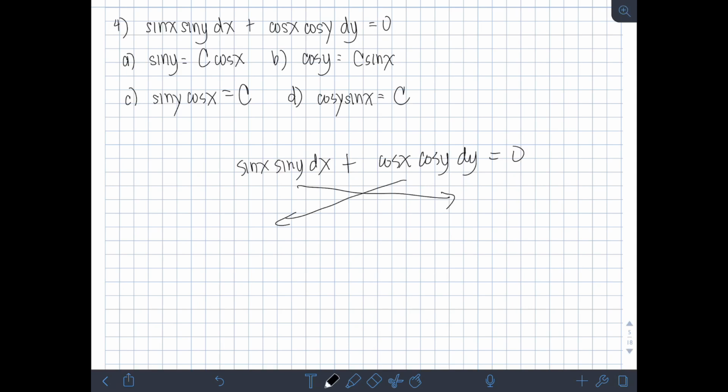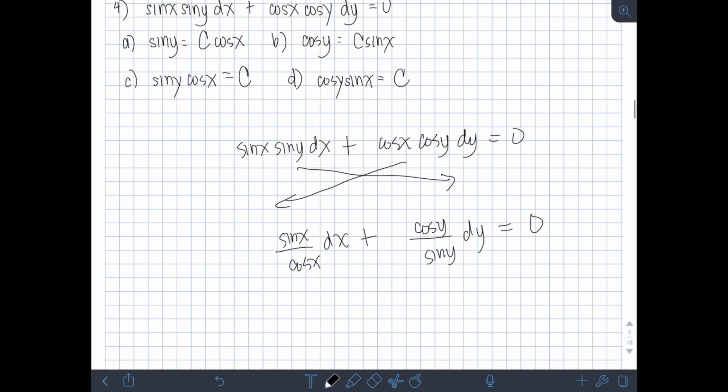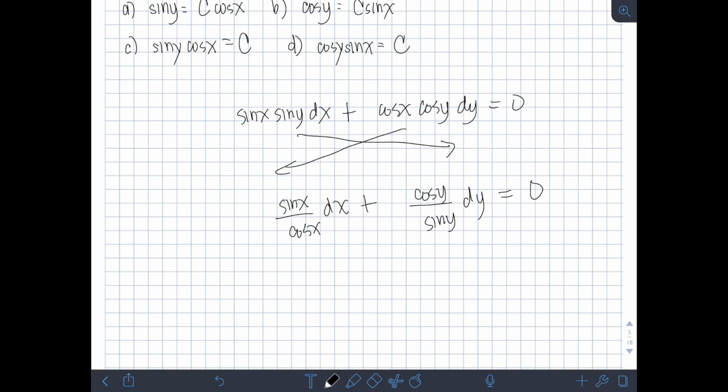So, magiging sin x over cos x dx plus cos y over sin y dy equals 0. Or simply, sin x over cos x is tan x, right? So, tan x dx plus cos y over sin y is cotangent y dy equals 0.